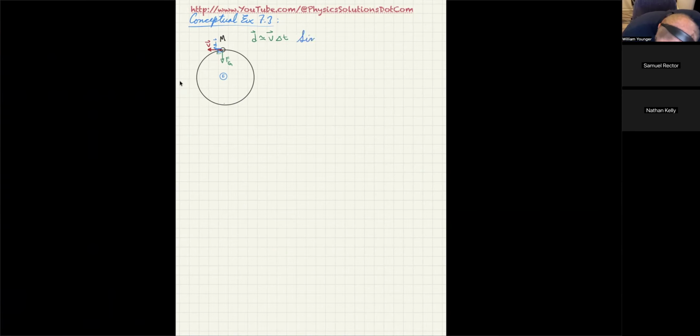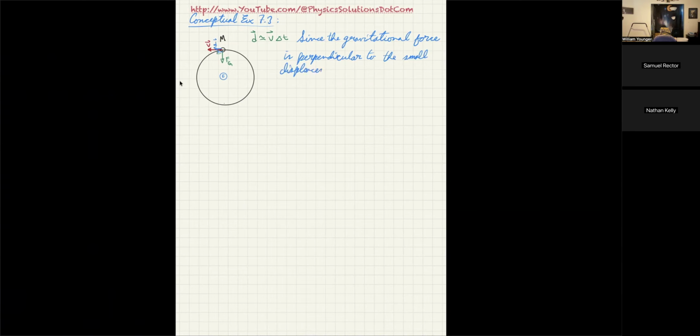Since the gravitational force is perpendicular to the small displacement, the work done has to be 0 because work equals F D cosine theta, which equals F D cosine 90 degrees, which equals 0.